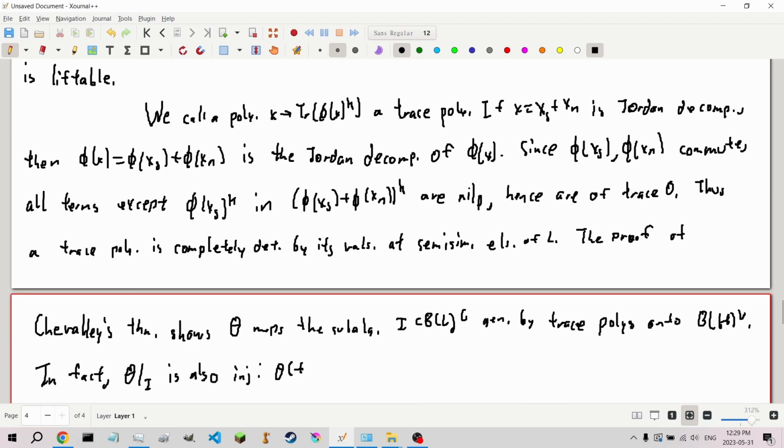As theta of f being 0 means the restriction of f to H is 0.